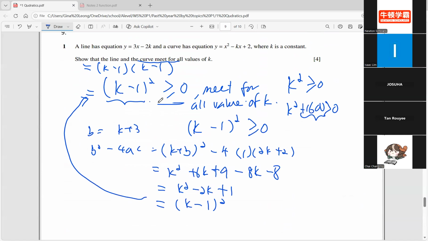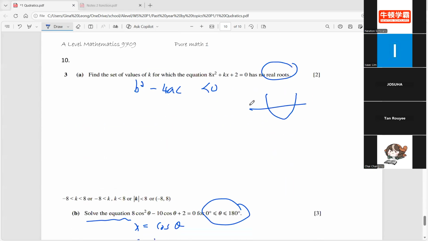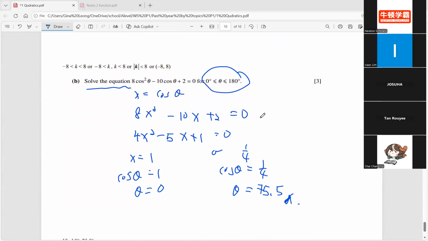Important, you need to show this one actually. If you finish, then we will move to chapter 2. Did you finish?